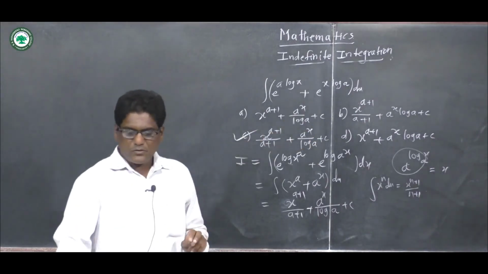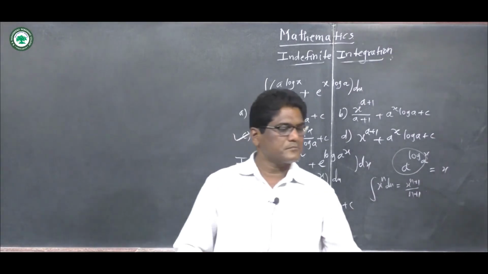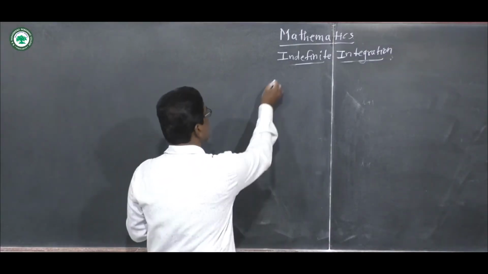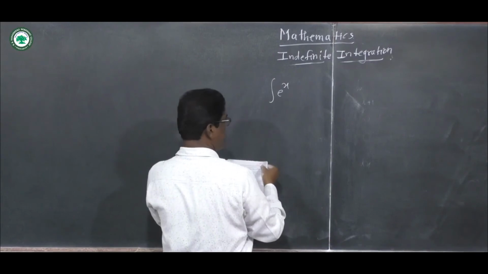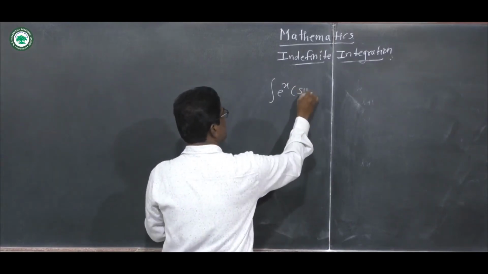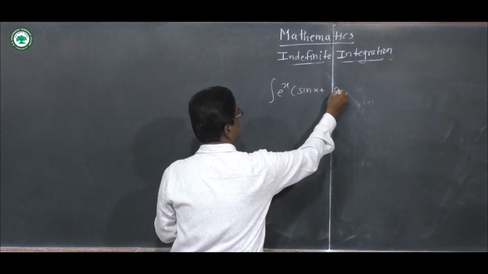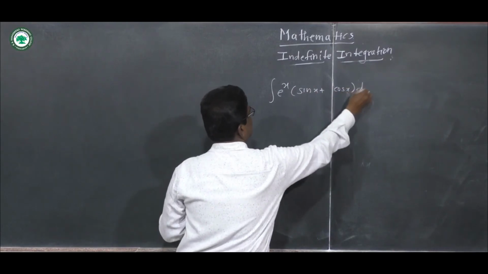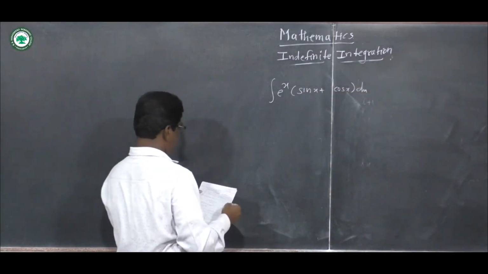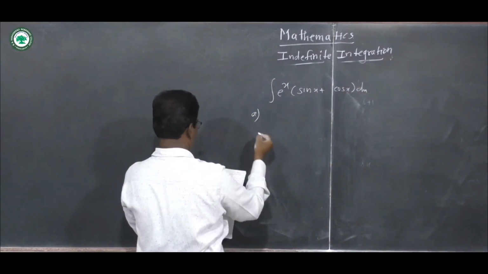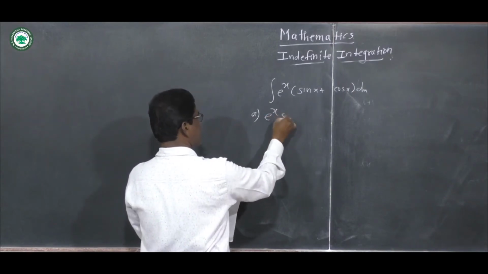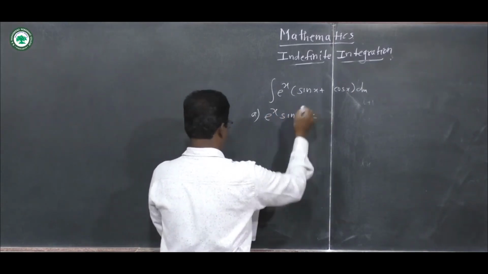So in this way we have completed this problem. Next: the integration of e to the power x into sin x plus cos x dx. Answers given here: A, e to the power x sin x plus constant of integration.